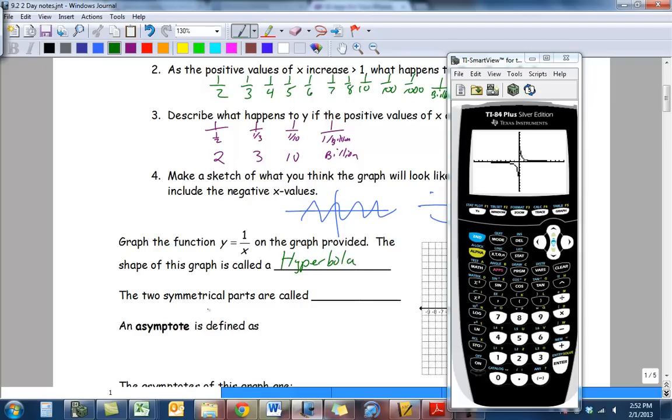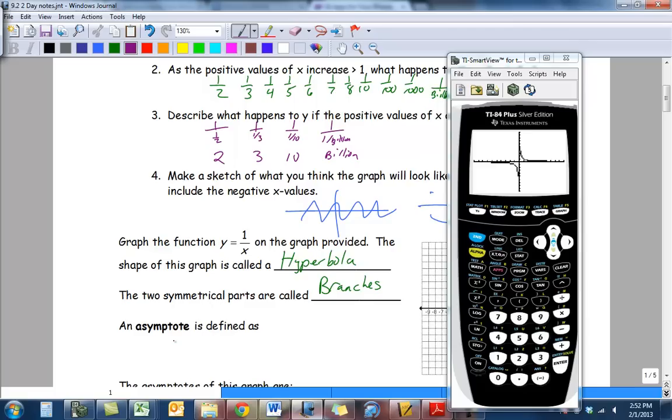Now, the two symmetrical parts, these two little curves here, are called branches. And this graph actually has two asymptotes as well.